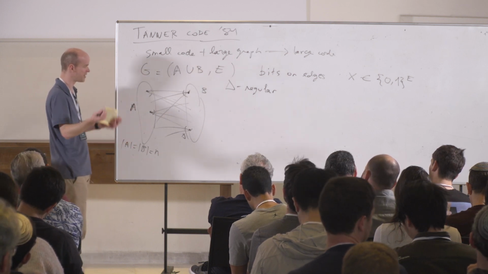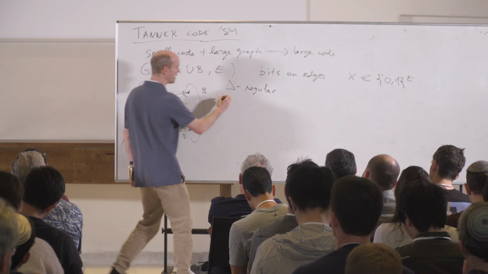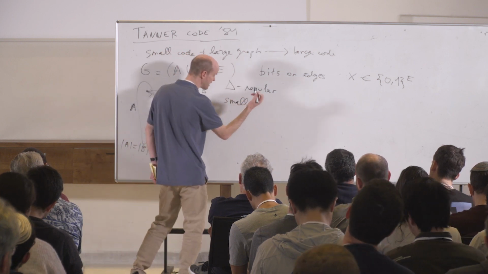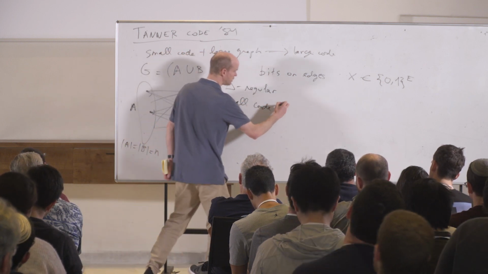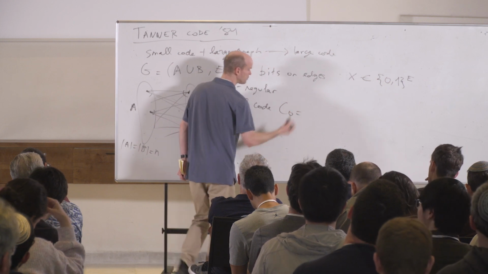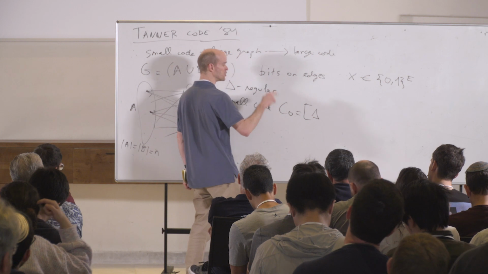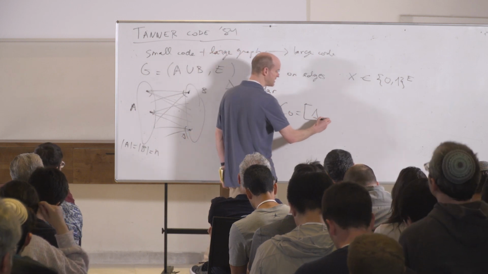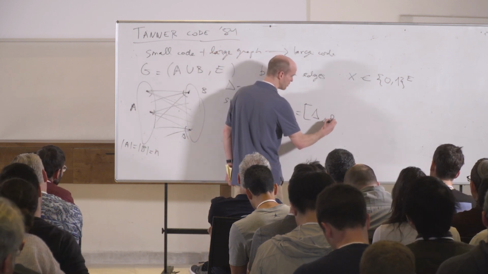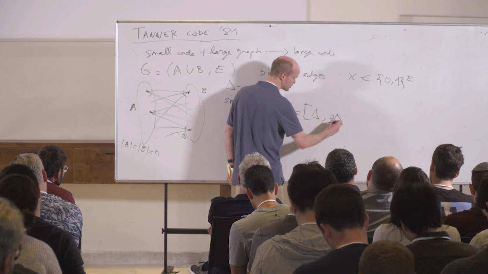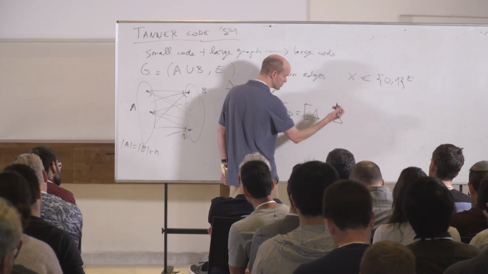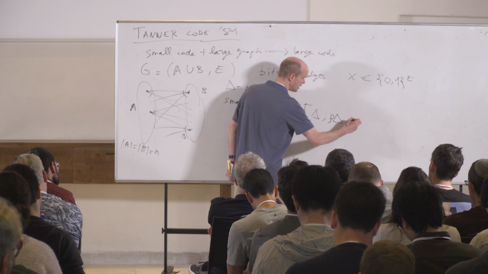You have a set of length delta. So what you can do is take a small code of length delta, C0, which is a small code on delta bits with some dimension k, which is just rho times delta for some rho, and some distance.